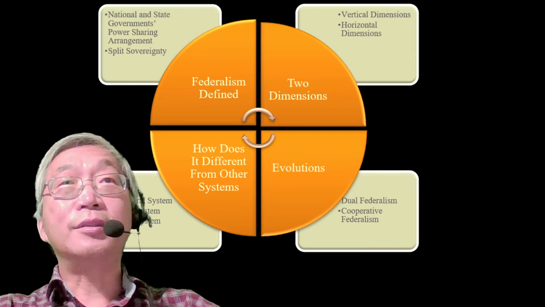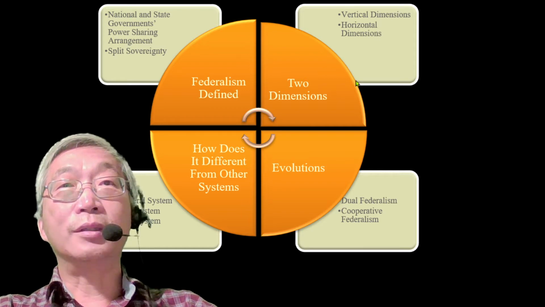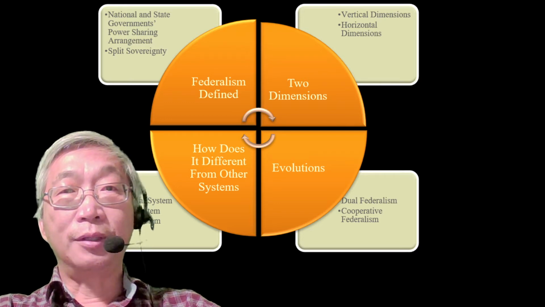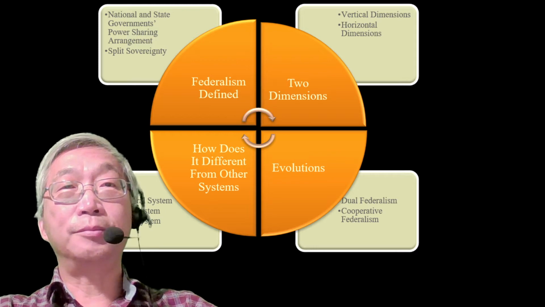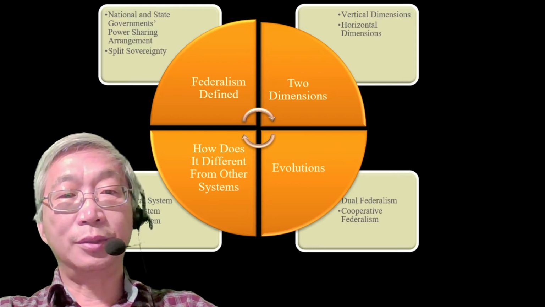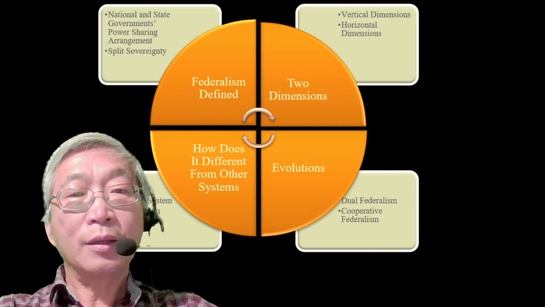First, in the part on the definition of federalism, we talk about the federal system being a two-tier system of government, where the two sets of government exist in parallel fashion and both claim sovereignty.